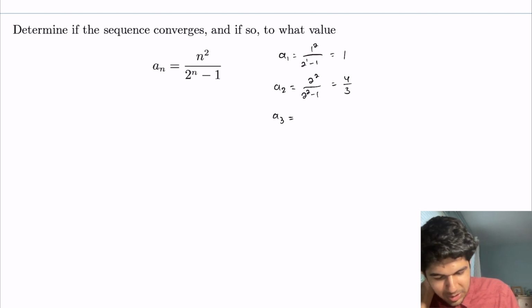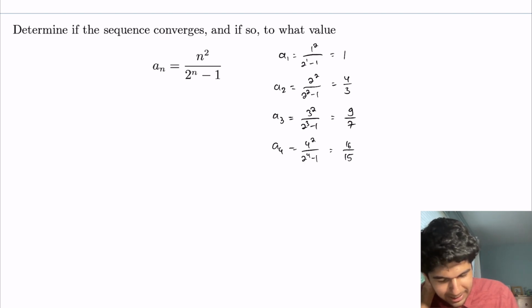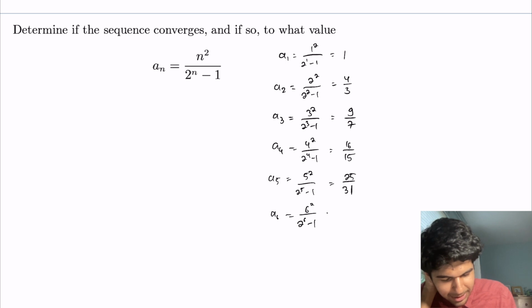A sub 3 is 3 squared over 2 cubed minus 1, which is equal to 9 over 7. A sub 4 is 4 squared over 2 to the 4th minus 1, 16 over 15. Do a couple more. 5 squared over 2 to the 5 minus 1, which is equal to 25 over 31. 6 squared over 2 to the 6 minus 1, which is 36 over 63.